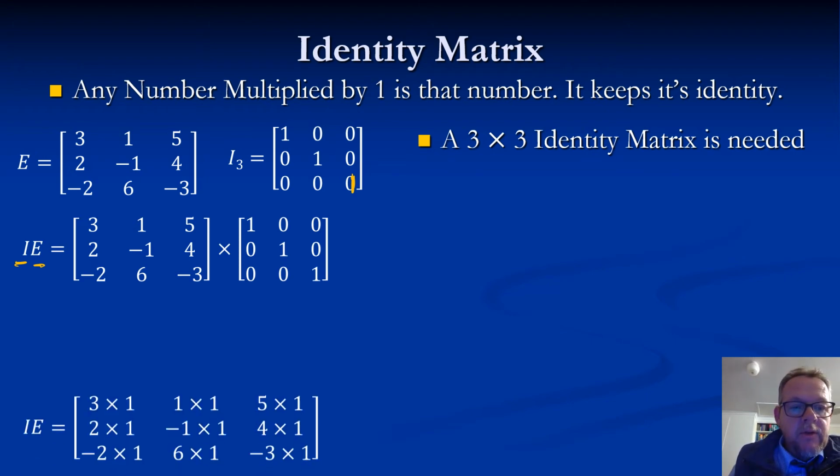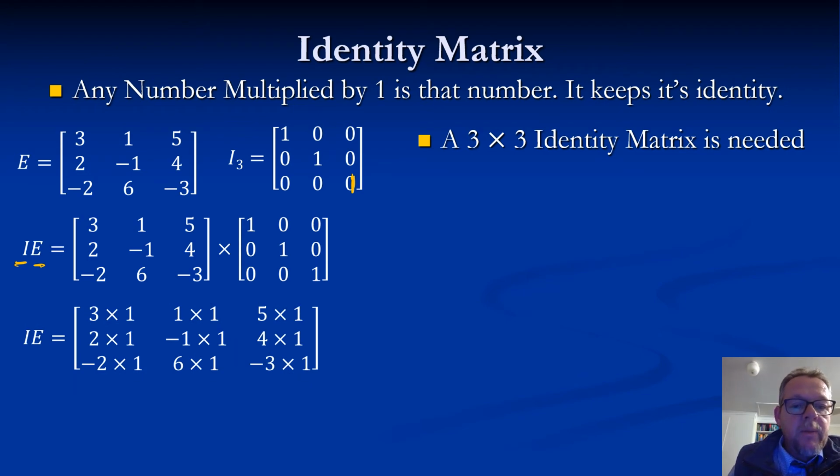So let's do that. Let's have a look. The first row multiplied by the first column. Well, that times that is 0, isn't it? So we're just going to be ending up with 3 times 1. Does that make sense? I hope it does.